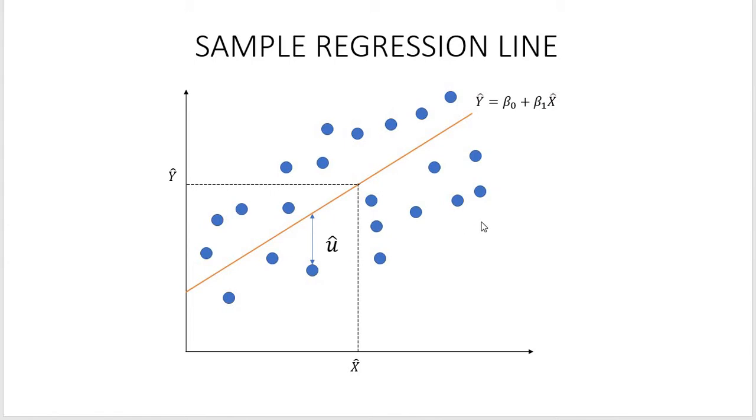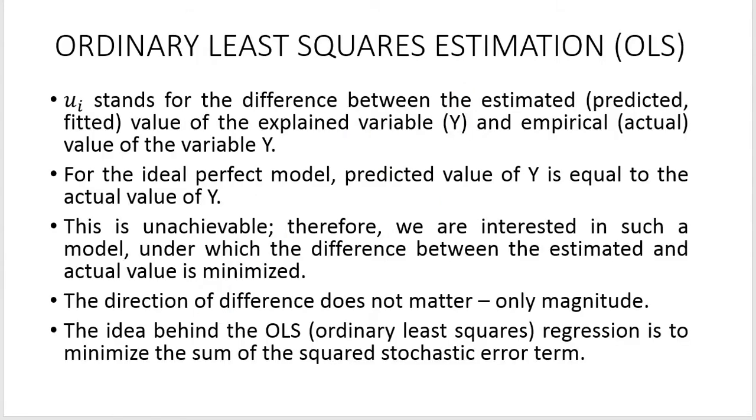In this case, it does not really matter whether you have a deviation of +1 or -1. If you take everything to the power of 2, you will get 1 as the final result. This captures the fact that you're indifferent about the direction of this difference and interested only in magnitude.